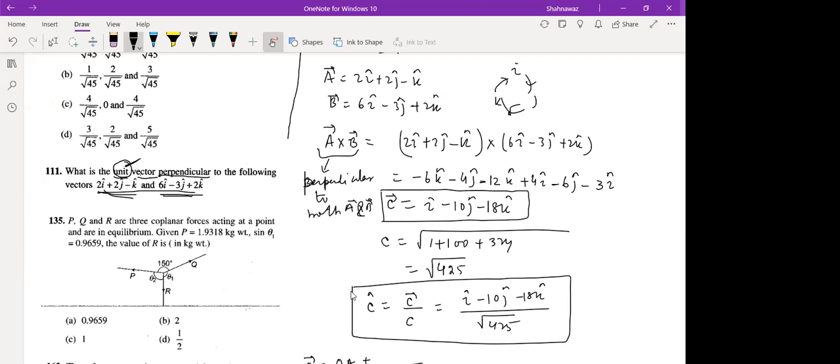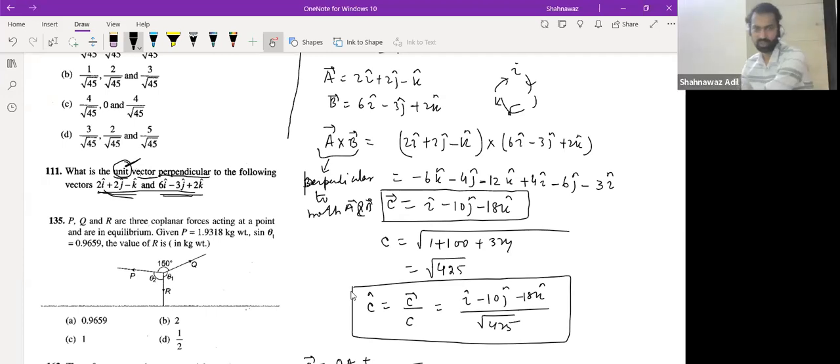Yes, sir. Okay, so please note it down. You guys have two homeworks. This question was also important. In the next class, I'll start the average acceleration, average velocity, average speed.